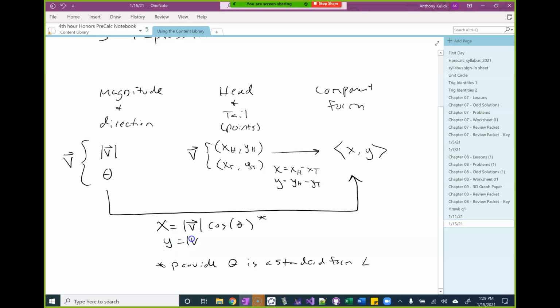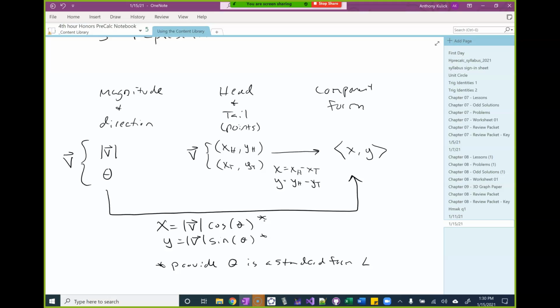And y is going to be the magnitude times sine theta, again, assuming that theta is a standard form angle. When I say standard form angle, you guys know what I mean? That it's measured from the positive x-axis rotating counterclockwise, as opposed to a bearing or something, right?